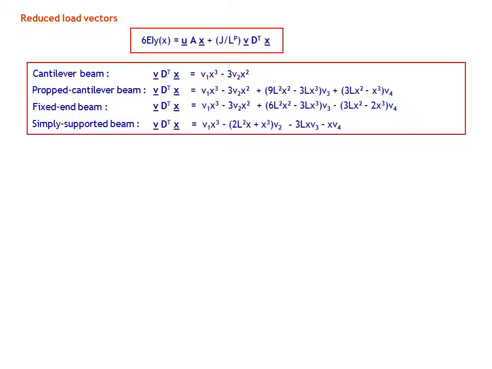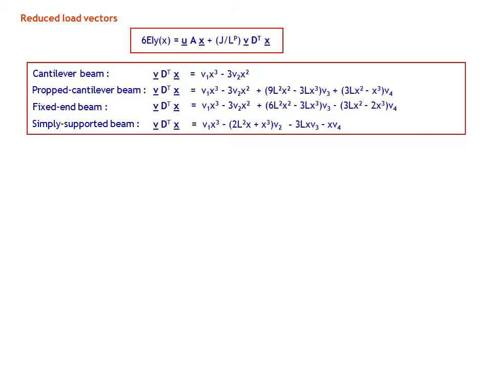In previous slides, we've met the load vectors u and v, which occur in the global deflection equation reproduced here. This has two terms. The first, uax, is beam independent, as matrix A is a constant. The second term, j over Lp v dtx, is beam dependent. So if we multiply out v dtx for each beam, we get the following results.